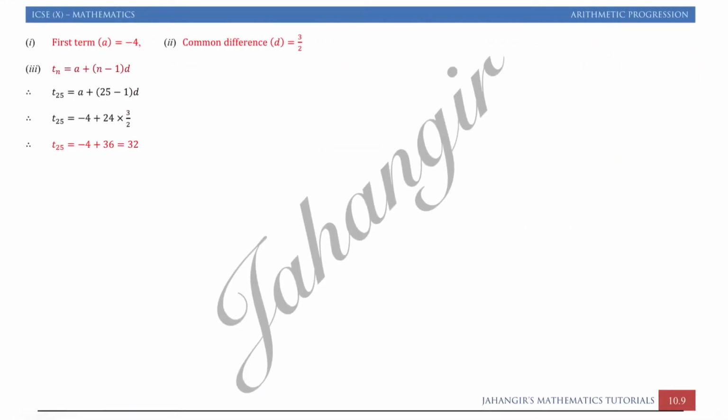We will write first the Tn formula. Tn means nth term. So the Tn formula is A plus n minus 1 into D. Now we want T25. See, in place of n, here we have 25. So we are replacing n with 25, where first term and common difference we had already found out.